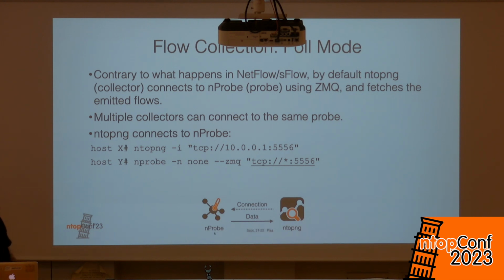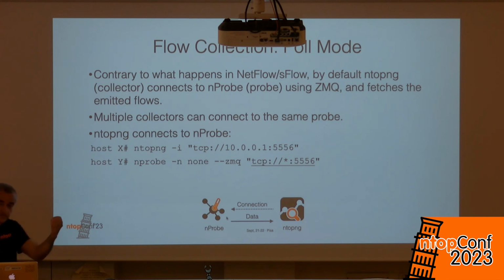So with nprobe over 0 we have decided to revert this. So by default, if you use -n for exporting the flow, it's like NetFlow because it has to follow the standard. But if you use 0, in essence, what happens is that it's done the opposite way. So in essence, nprobe is not exporting data, but it's ntop that is going to nprobe to receive the data.